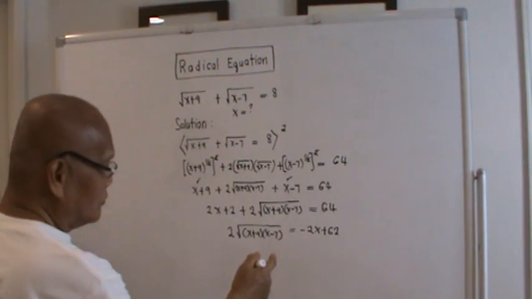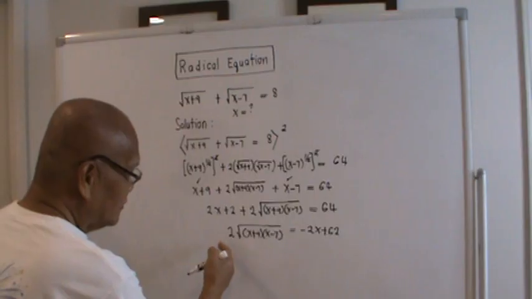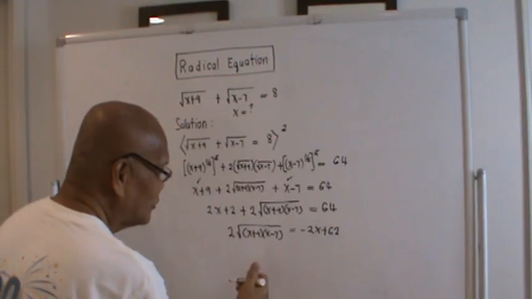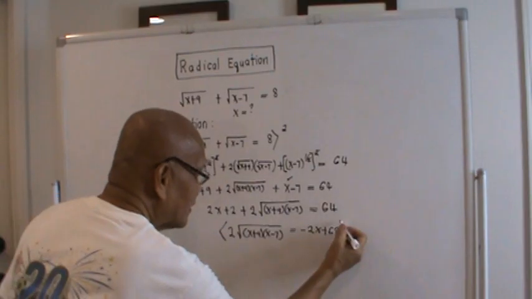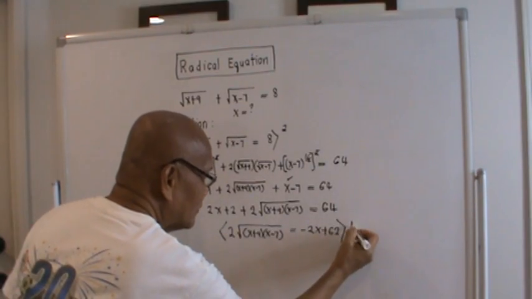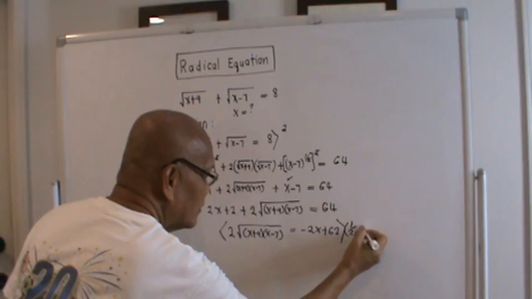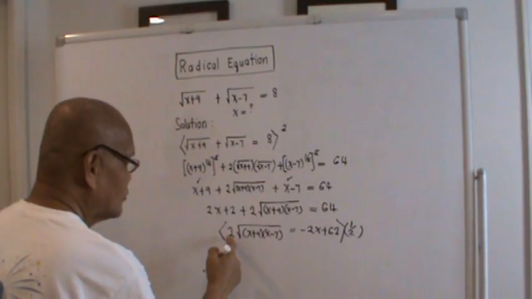If we try to inspect it, we could divide all terms by 2. So if we try to multiply this by 1/2, these 2s here will disappear.